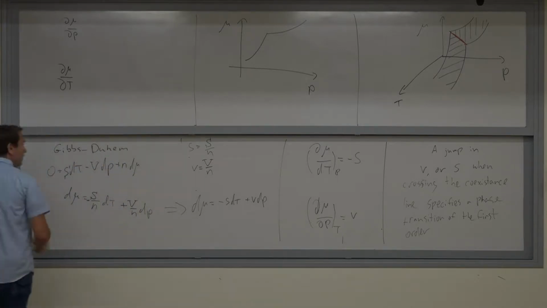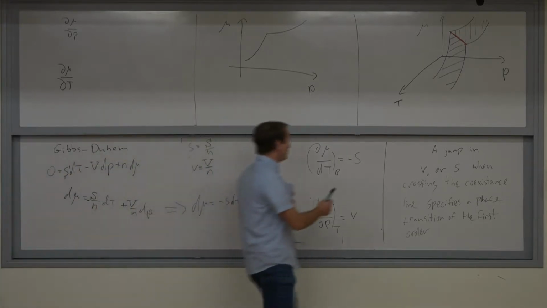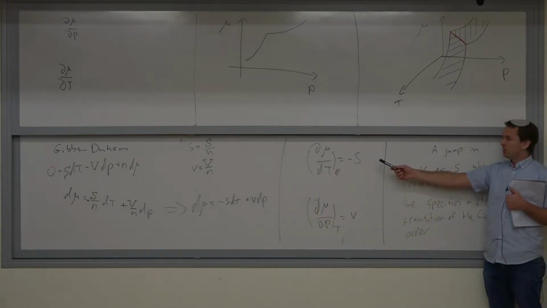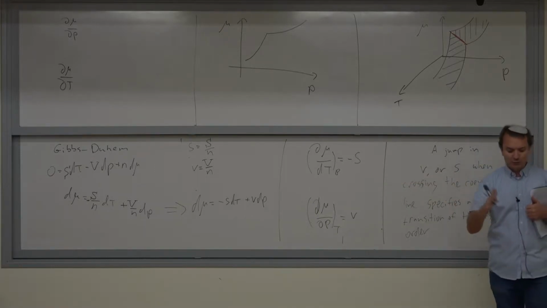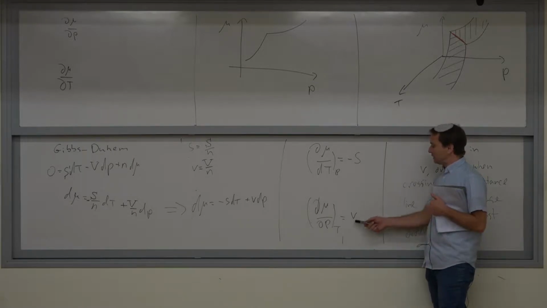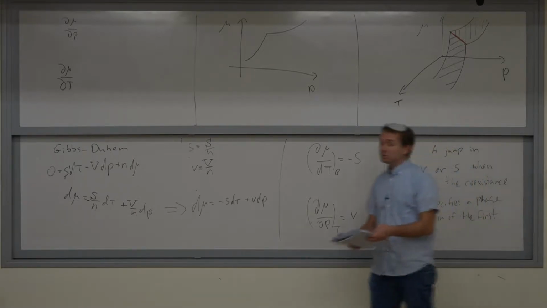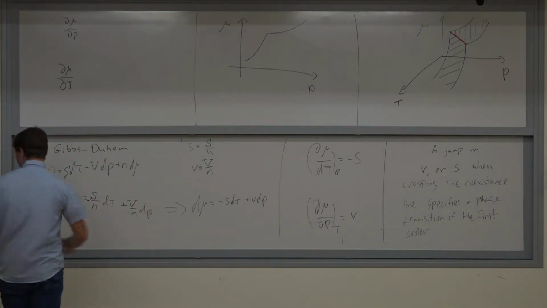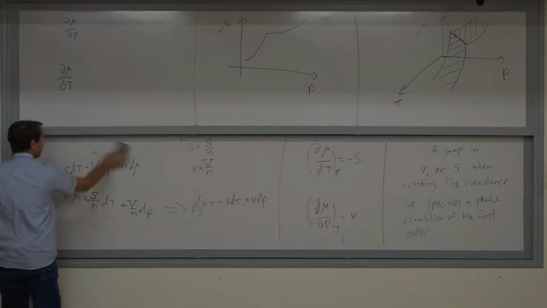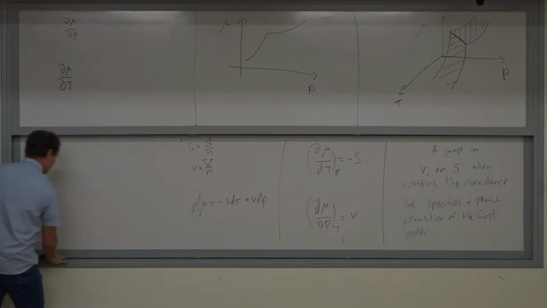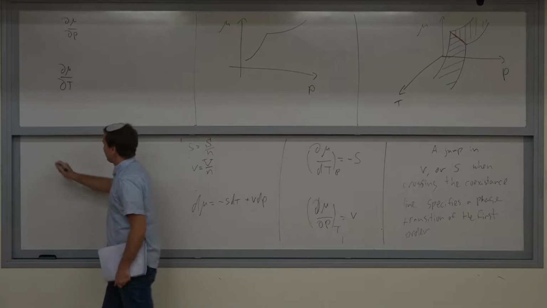When there is no jump, and basically the derivatives of mu continuously transition when I'm changing from phase 1 to phase 2, I call this process a second order phase transition. Okay, so there is a first order and there is a second order phase transition, which I will write over here.